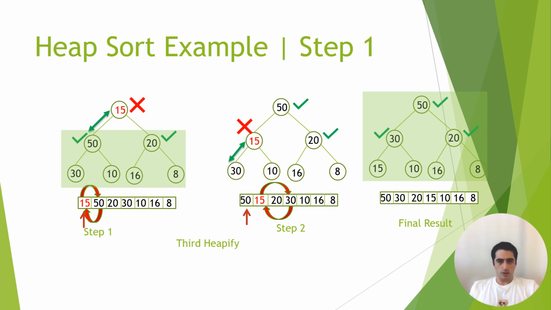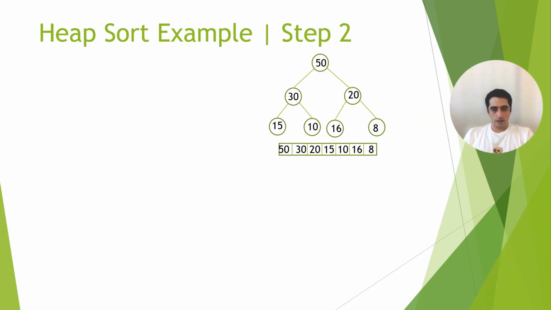After this, we're going to start the second step, which is doing delete max or extract max or extract root operation n-1 times until everything gets sorted. As you see, this is the outcome of step 1, the max heap created using the given elements in the array.